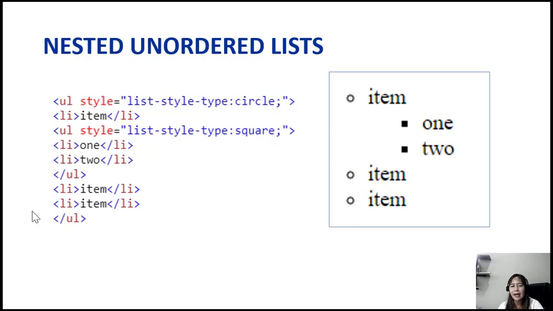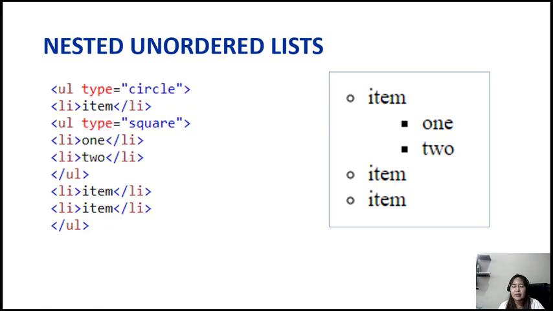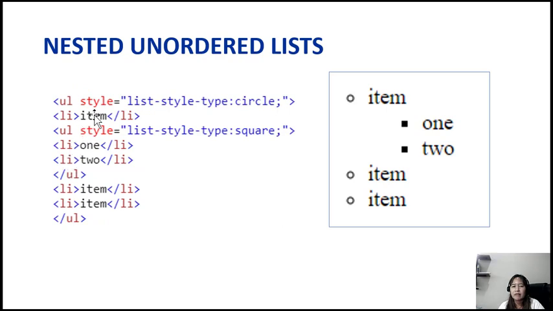So basically exactly the same HTML code. It's just that you're changing the type into style using the specified syntax. So please, if you have noticed here, you just say type is equal to circle. Here you have to specify list-style-type, colon, circle, square, or disk, whatever it is that you prefer.